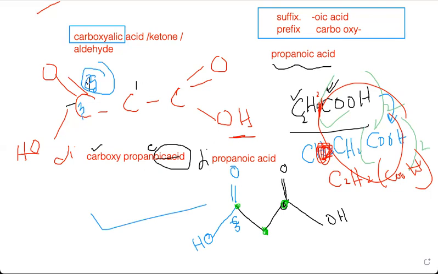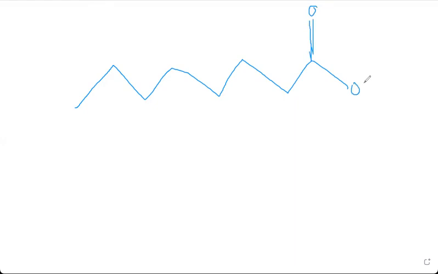Yes. Let me show you, for example, let's draw some random skeletal formula. 1, 2, 3, 4, 5, 6, 7, 8, 9. Now let's make a skeletal formula and try to draw some structure.